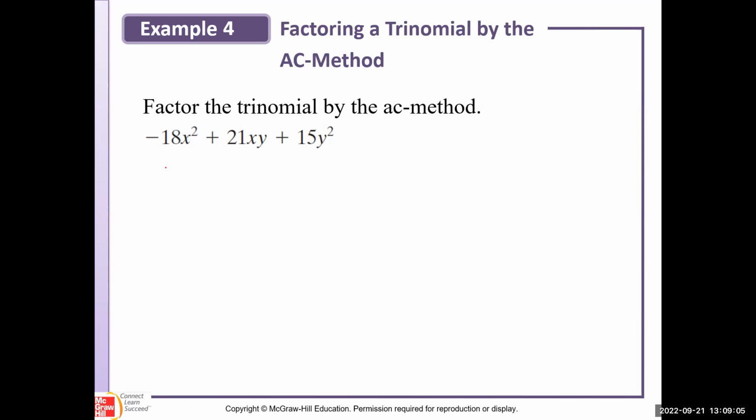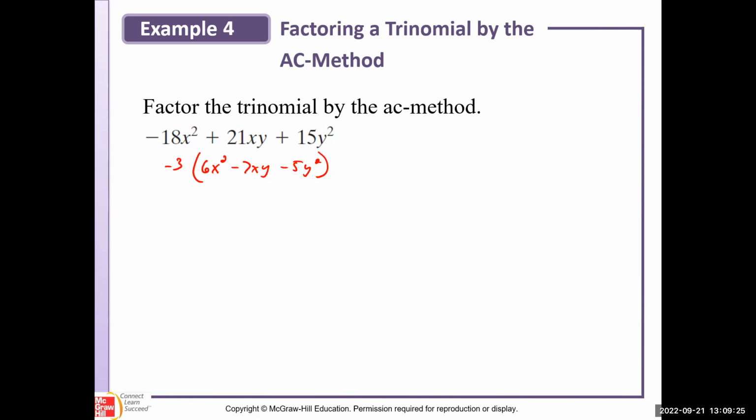I'm going to factor out a negative 3. When I factor out a negative 3, I'm going to end up with 6x squared minus 7xy minus 5y squared. Right? That's what I'm looking for, if you will.